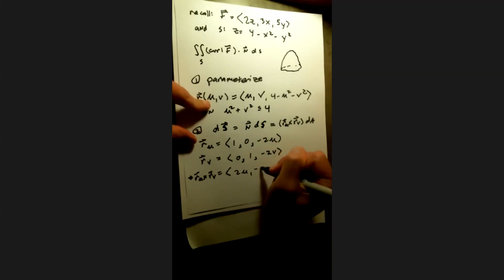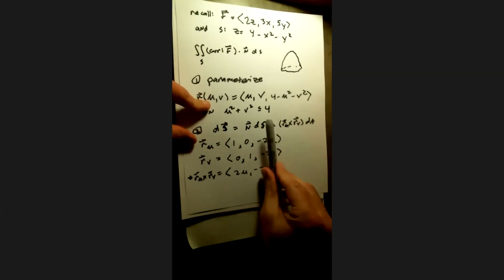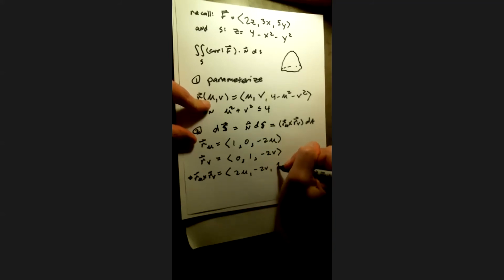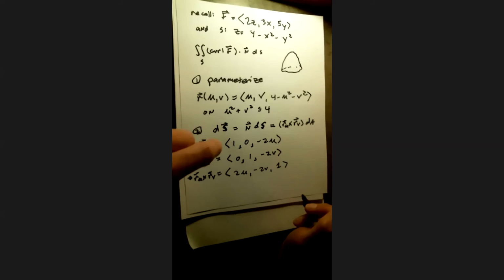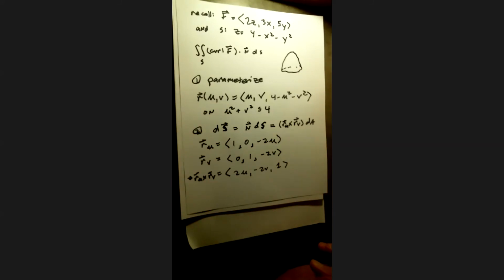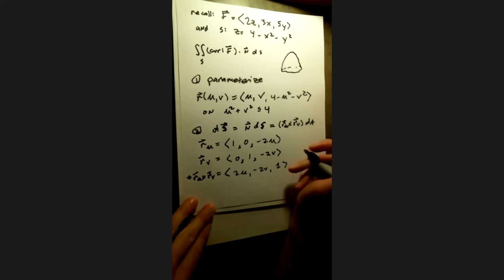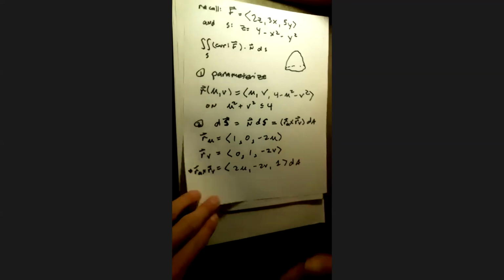So you're going to get 2v, and then cover up the last part, and you'll just get 1. Questions about where Ru cross Rv came from? This will be a dA.